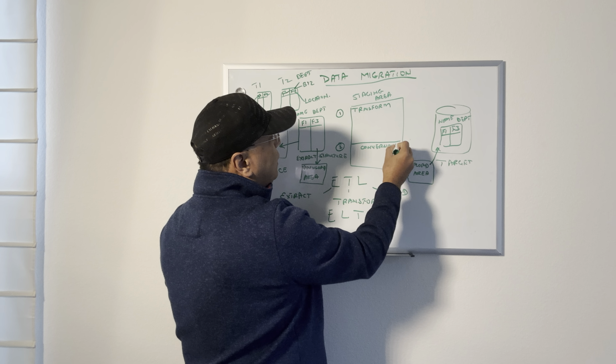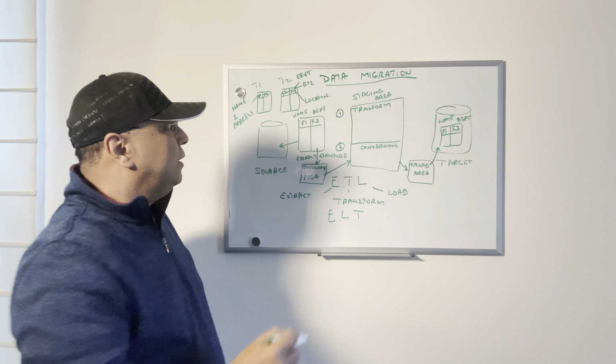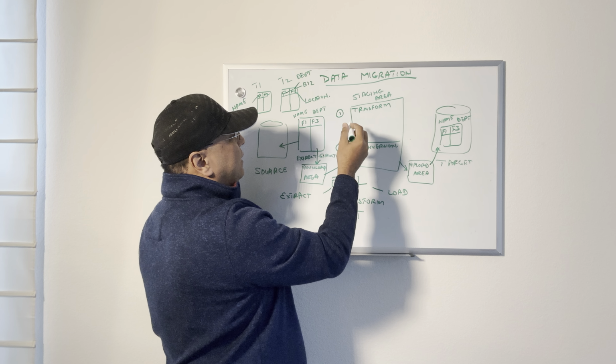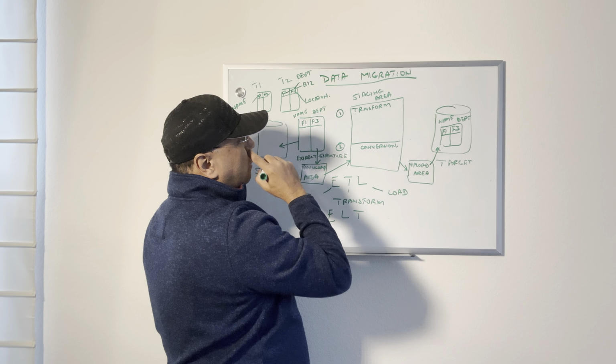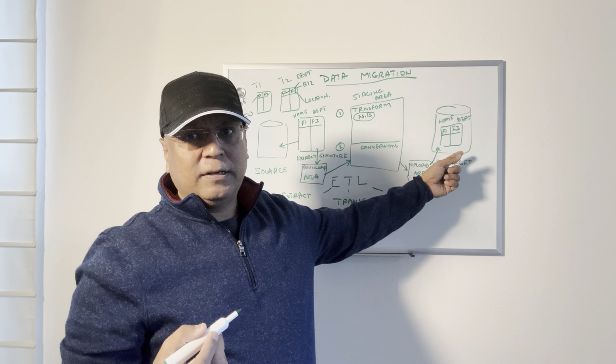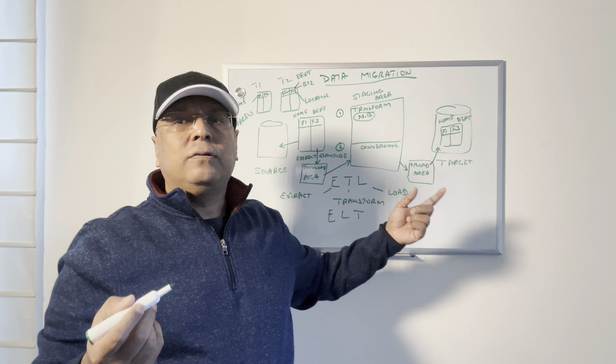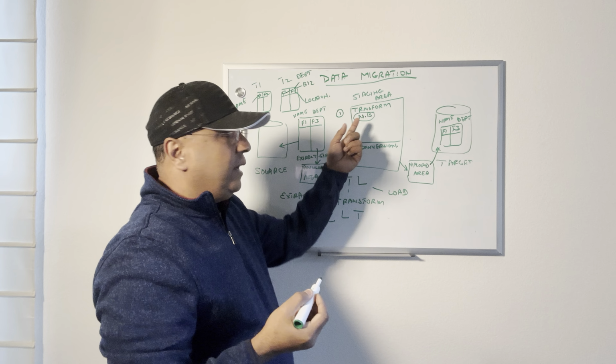So let's look at what transformation is. Let's say the name of the person is N.B. Now the N.B. maybe is not an acceptable form of data in my target system. So now it's valid data, but I need to change the data in terms of format, characteristics or properties. I'll not change the meaning of the data.